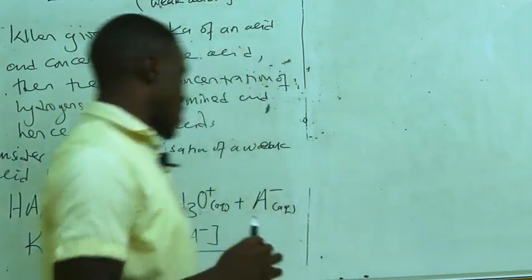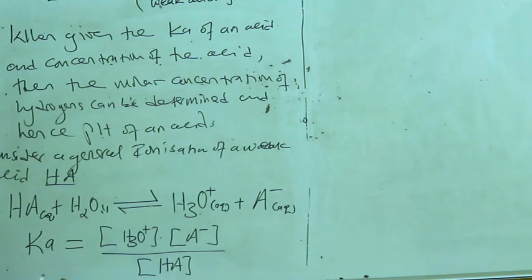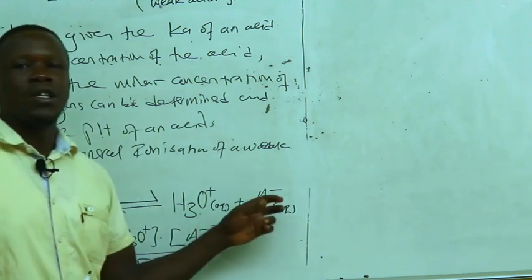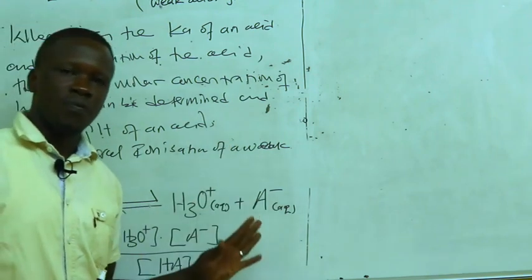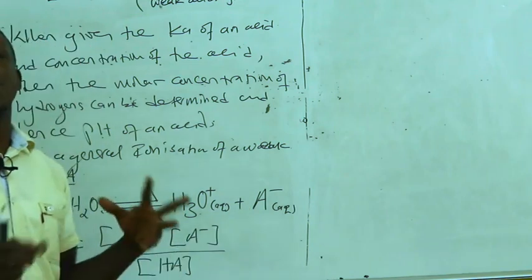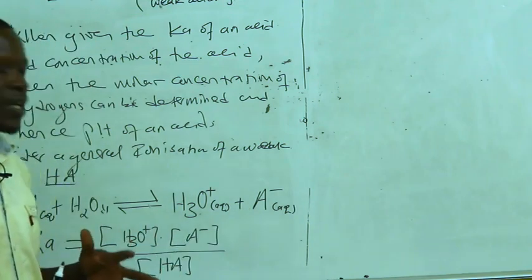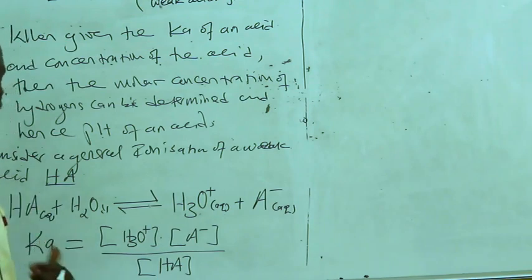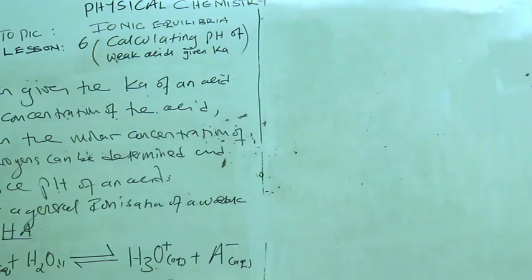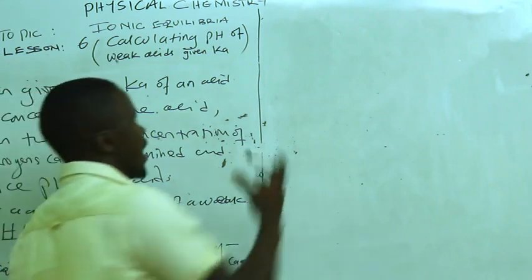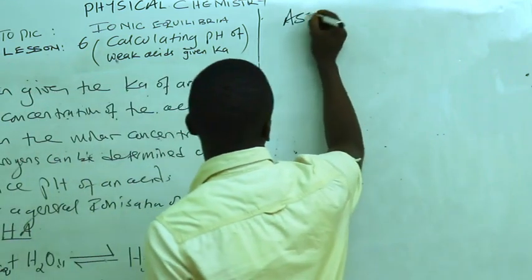If we knew the degree of ionization, then it would be easier to get this. But since we do not know, we have some assumptions that we take when we are using Ka to determine the concentration of hydrogen ions.